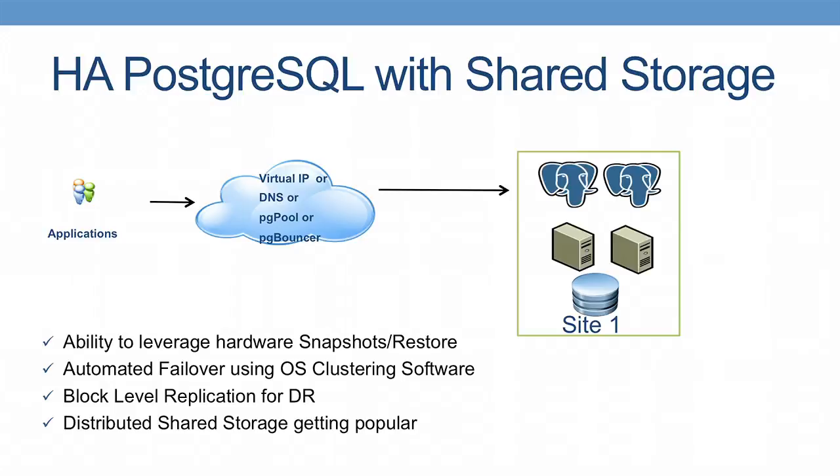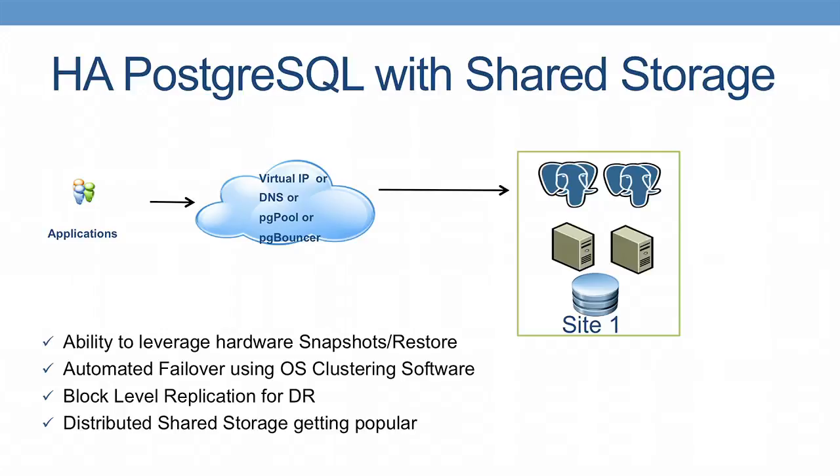Now, we are at a Postgres conference, so we need to talk about Postgres replication. Postgres replication is another way of doing this. The benefit of using Postgres replication over shared storage is that you actually get a full copy of the database. So even if you have block corruption or other things that happen at the media level, using Postgres replication you now have two real copies. So you are saved from those kinds of bit errors that you would typically get.